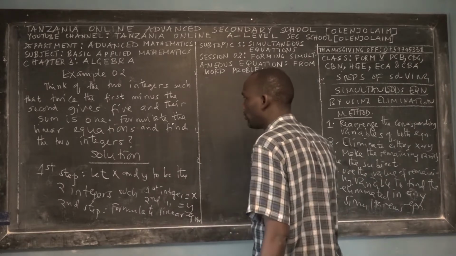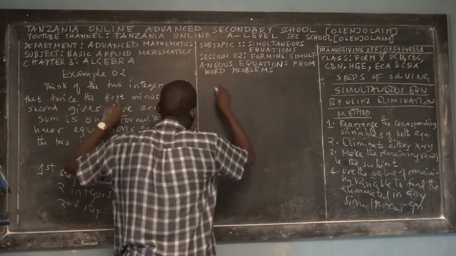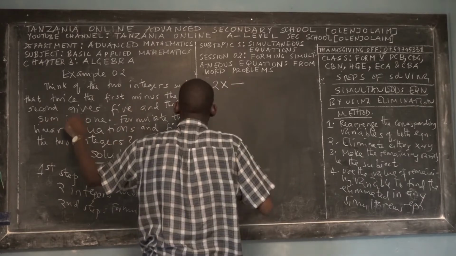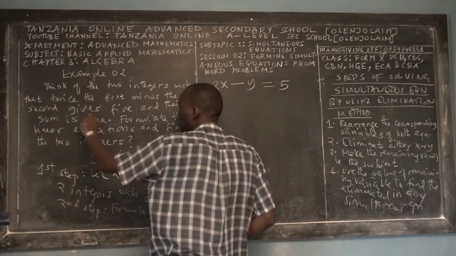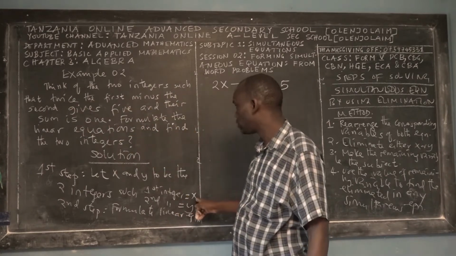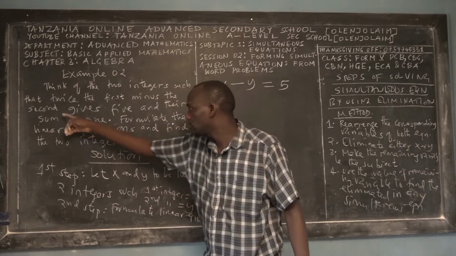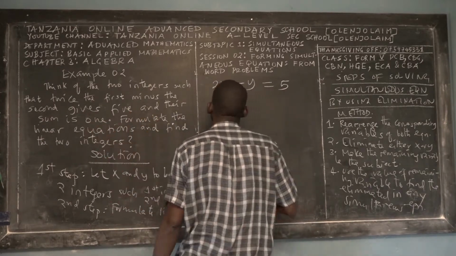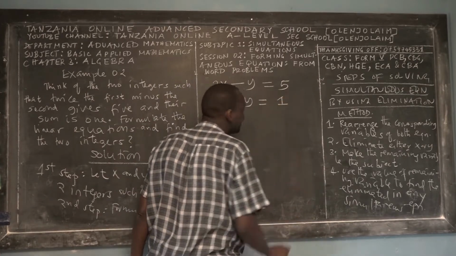We start from the sentence: twice the first, where the first integer is x, minus the second integer gives 5. Gives means equals. So twice the first, 2x, minus the second, y, gives 5. And the sum is 1. The sum of the first integer and the second integer is equal to 1.